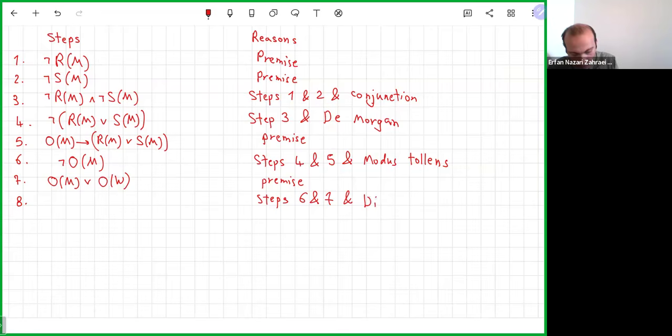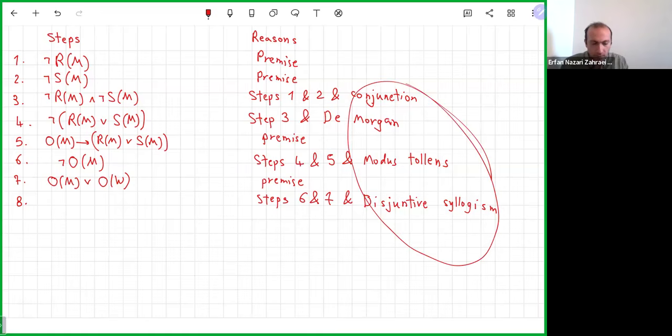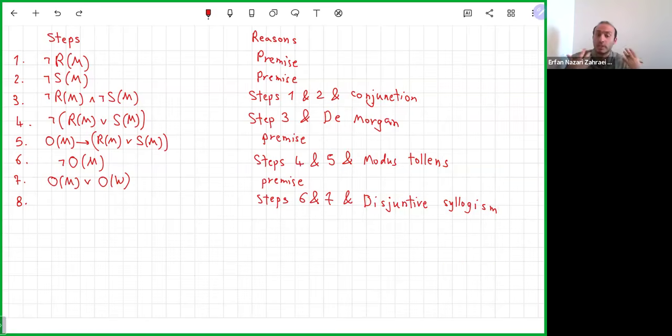Disjunctive syllogism. Again, you don't need to memorize these complicated names, but you need to understand them, know the rules, and use them. You can say one of the rules of inference. You don't need to memorize the names, but for clarity, I include the real names.